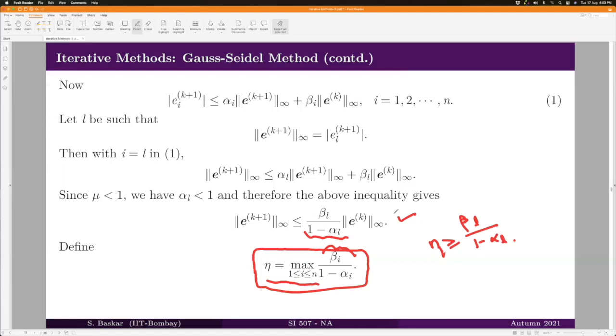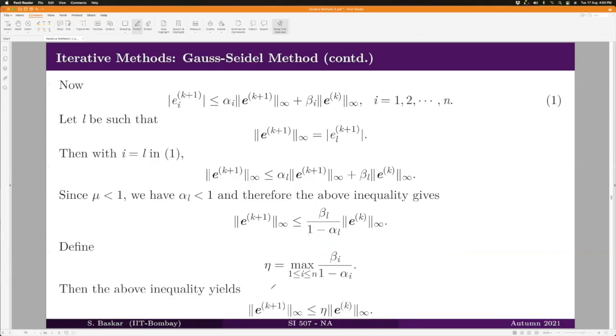Therefore, I can write this as less than or equal to eta times the norm of e^k infinity, because this is less than or equal to eta. So that is what I'm going to do in the next step. I get the infinity norm of e^(k+1) is less than or equal to, I just replace this by eta now, the infinity norm of e^k. So we got up to this.